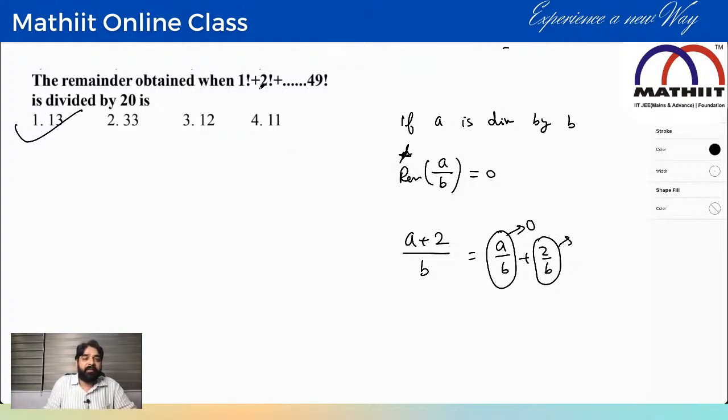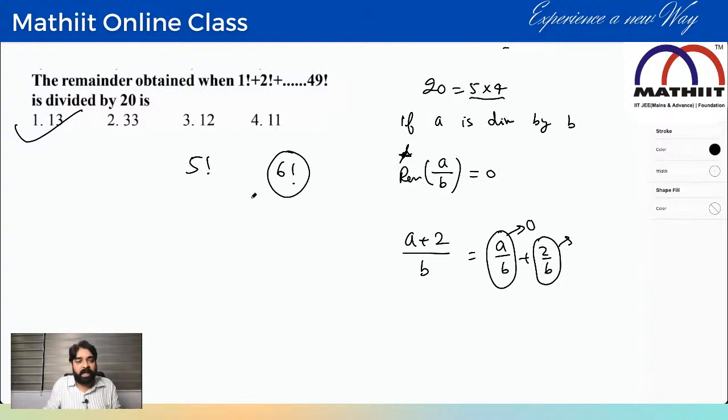So we are dividing by 20. Remember, what is the factorization of 20? 5 into 4. So I have to check which numbers here are divisible by 5 as well as 4. 5 factorial is divisible by 5 as well as 4. 6 factorial will also be divisible, because 6 factorial is divisible by all the numbers from 1 to 6.